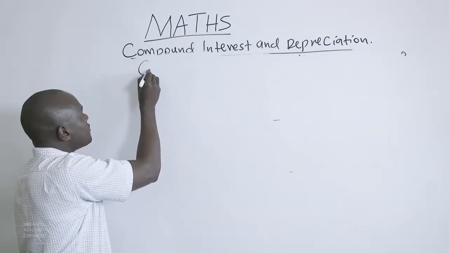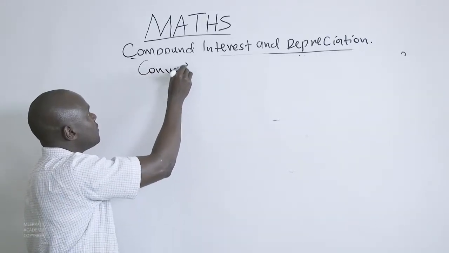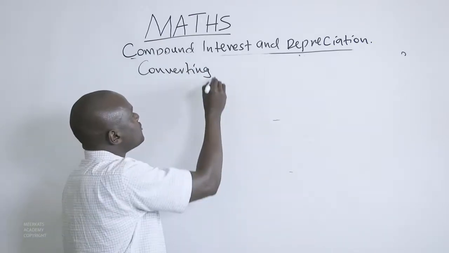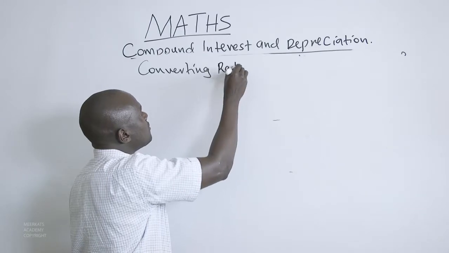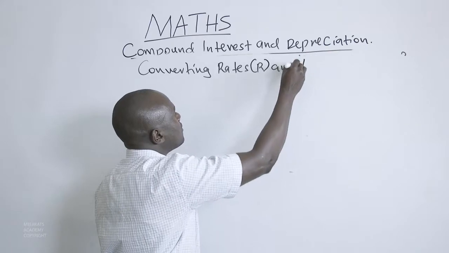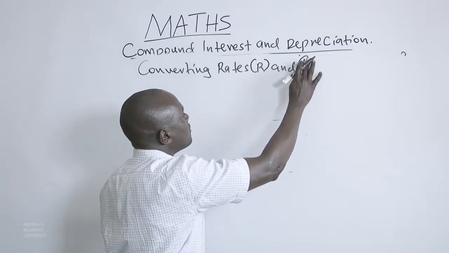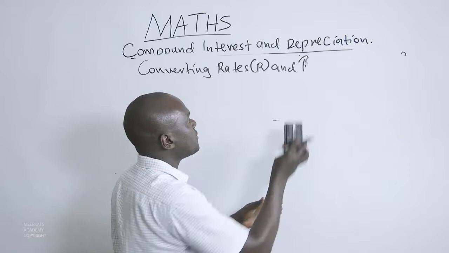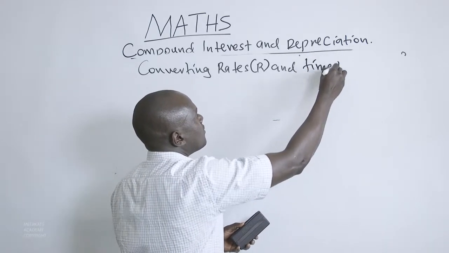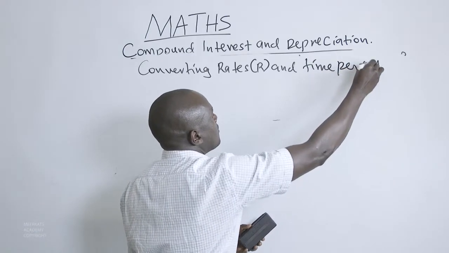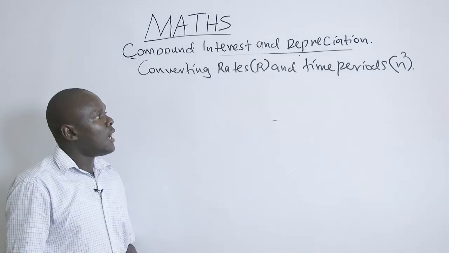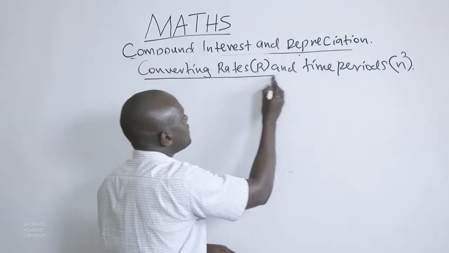We want to look at converting rates and time periods. These are denoted by small letter n. How do we convert these rates?